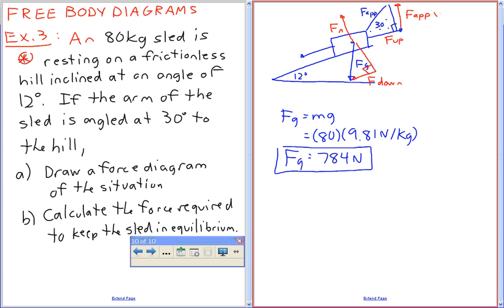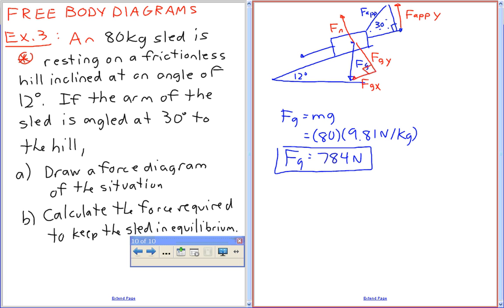Applied Y, we'll call this. The force applied, let's try this again here. F down, FGY, I'll just use FGY, FGX. Let's rephrase it. This is going to be FGY, this is going to be FGX.